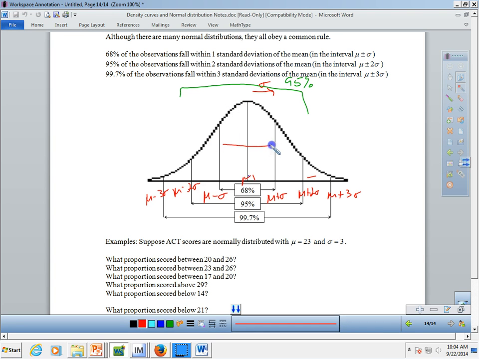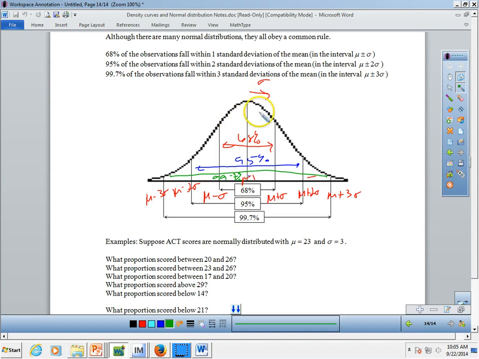So from here to here is 68%. And then from here to here is 95%. So we can get rid of this. And then from here all the way out to here is your 99.7%.